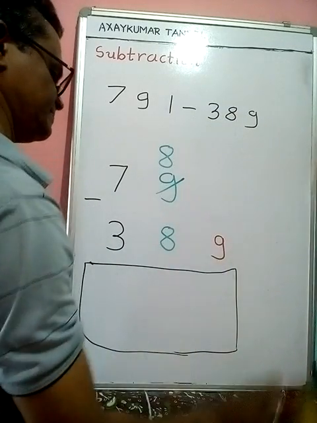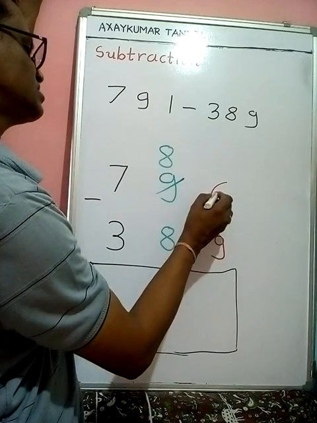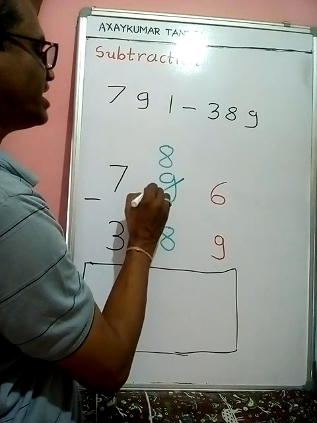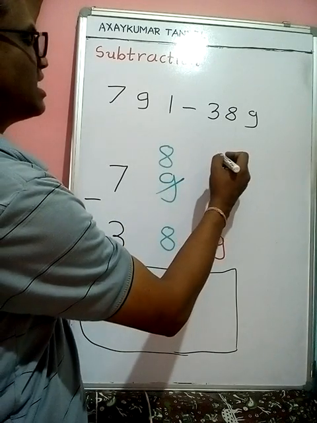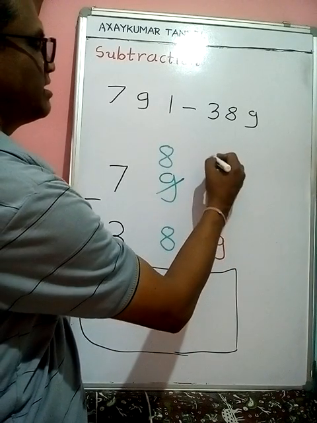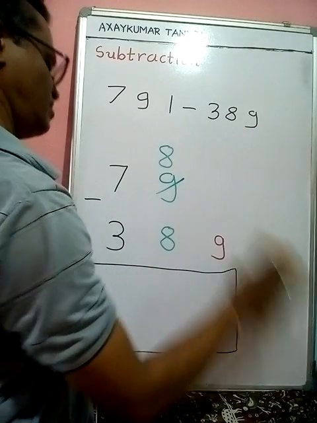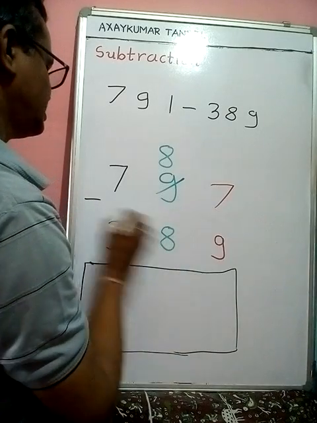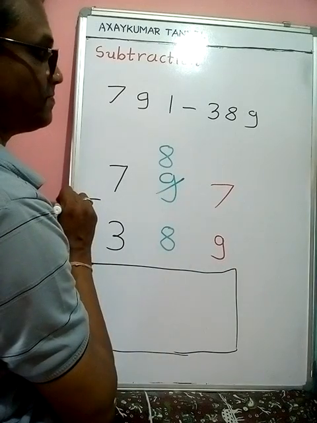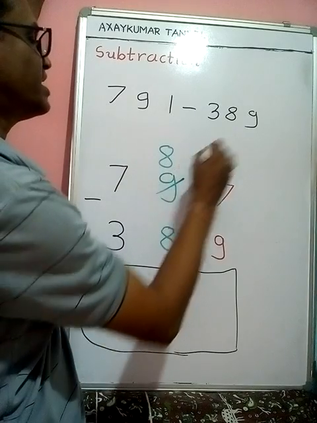If here 6, 9 is greater than 6, 9 cannot subtract from 6. Therefore 6 takes 1 ten from 9. In that condition 6 becomes 10 plus 6, making 16. If here 7, 9 is greater than 7, 9 cannot subtract from 7. Therefore 7 will borrow 1 ten from 9. 9 gives 1 ten to 7.